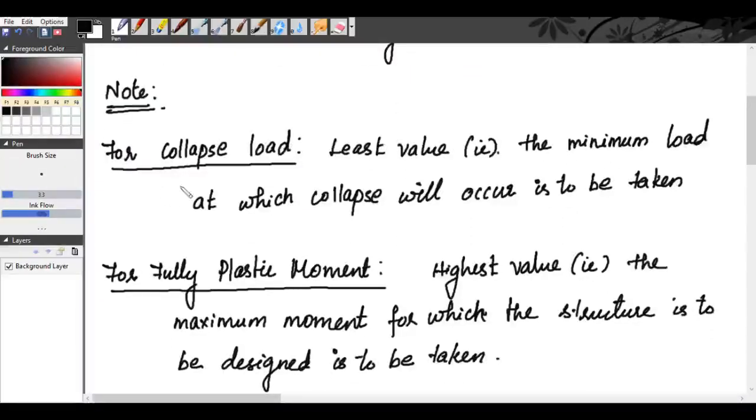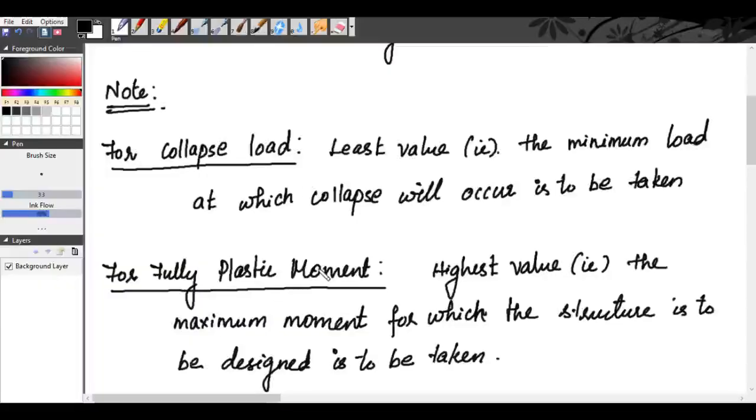That is, for collapse load, the least value of collapse load has to be taken. So you will be considering different mechanisms, and among the mechanisms, the least value of all the mechanisms under consideration should be taken. So that is the minimum load at which collapse will occur. This is for collapse load.